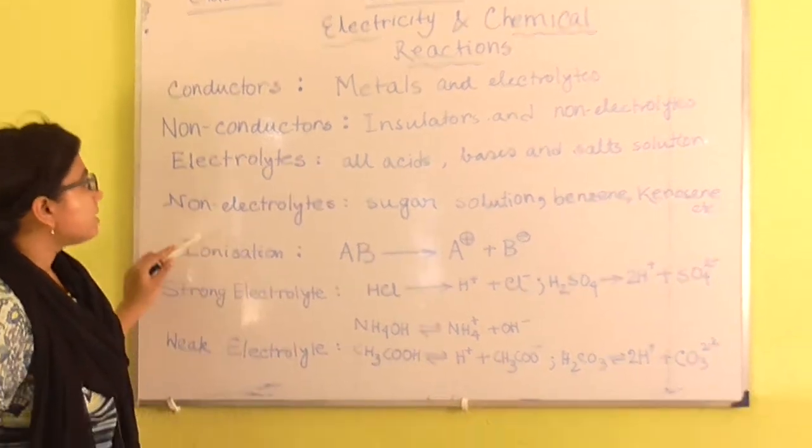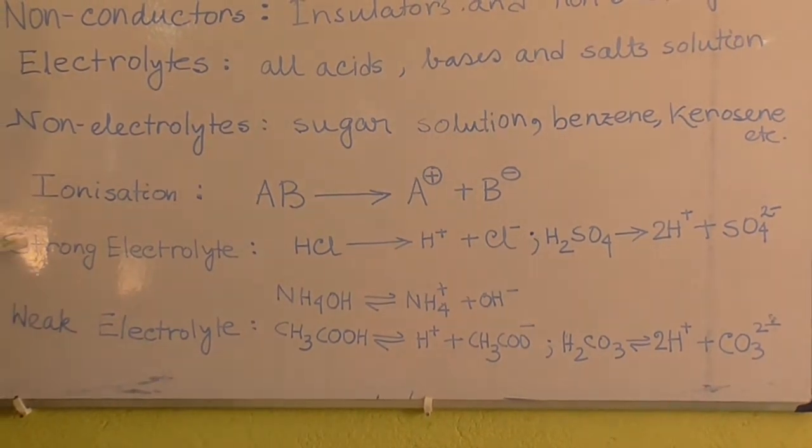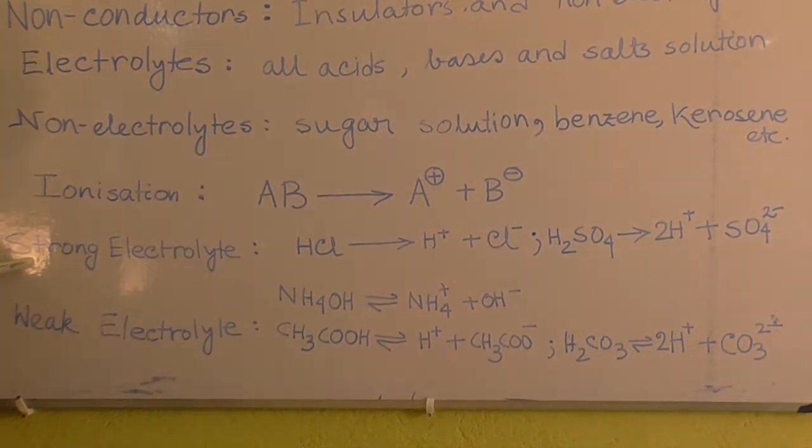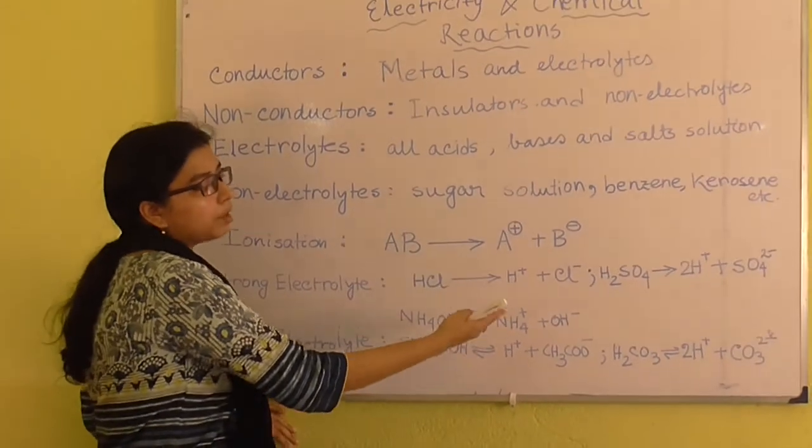The next thing is we can classify electrolytes into strong electrolytes and weak electrolytes. Strong electrolyte means the electrolyte which can dissociate completely.